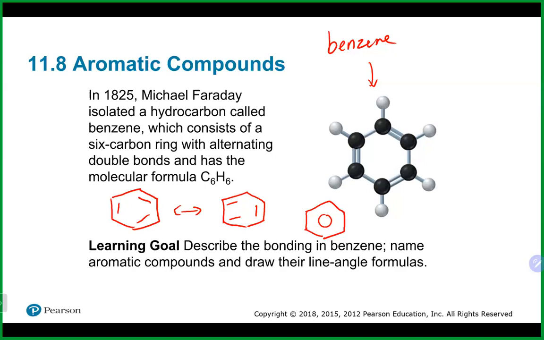This should definitely not be confused with 2 other things that sometimes it is confused with. And that is this with no double bonds. That with no double bonds is cyclohexane, which is different than benzene. Yeah, so those are different things. And even a 6-member ring that has just 1 double bond is still not benzene.